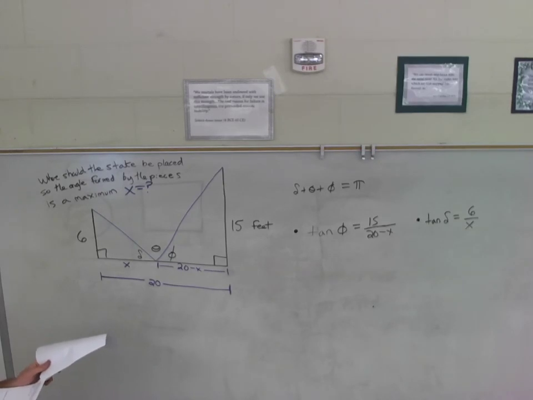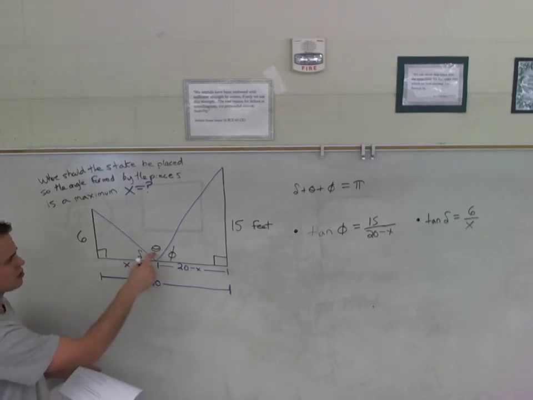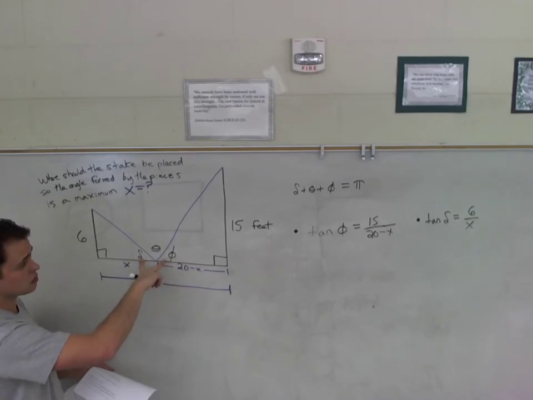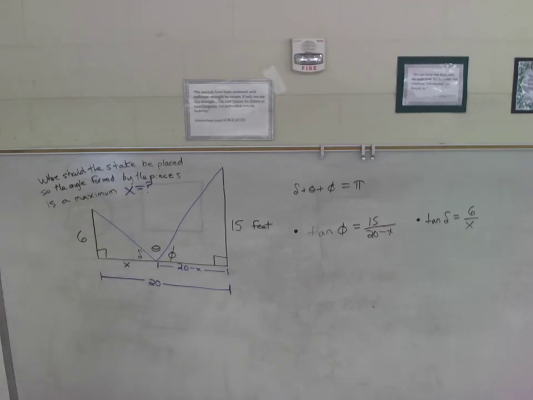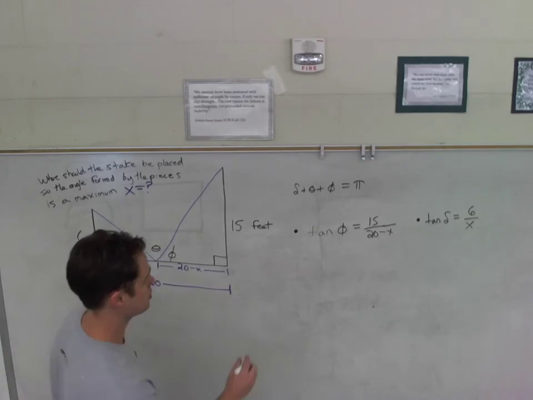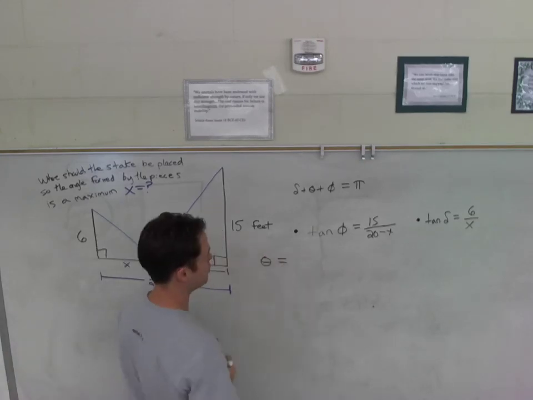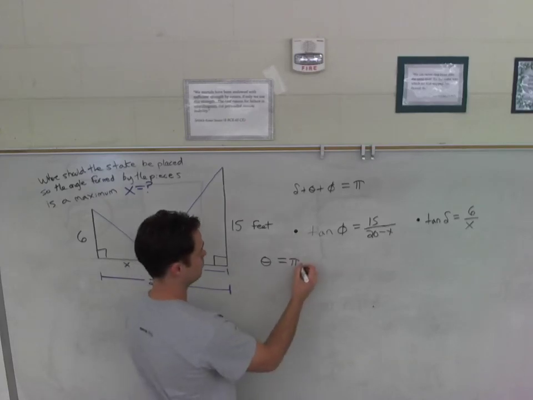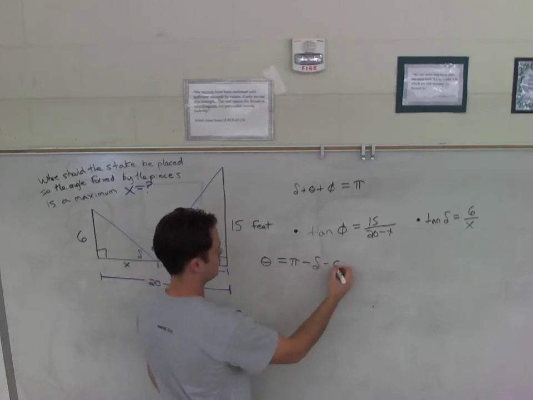Oh, so theta. Yeah, they're talking about theta, right? So they want this to be a maximum. That implies, like Paul's saying, that the other two pieces added up are a minimum. So we should really solve for what in that thing? Theta. Yeah, you guys were onto it. So theta equals pi minus delta minus phi.